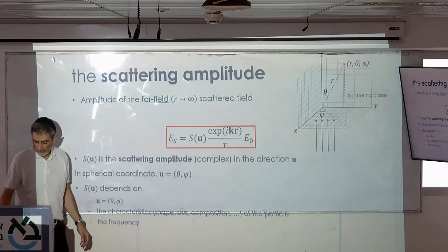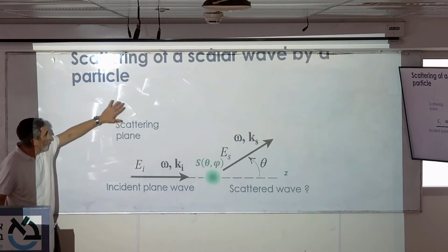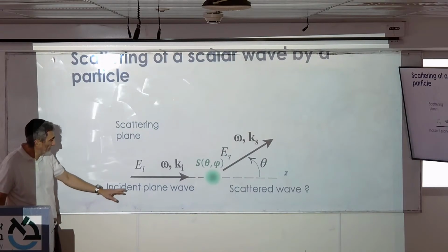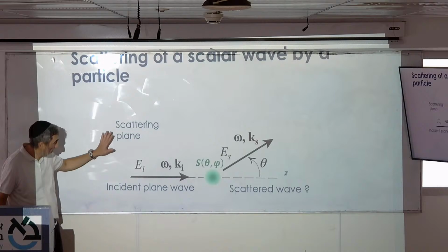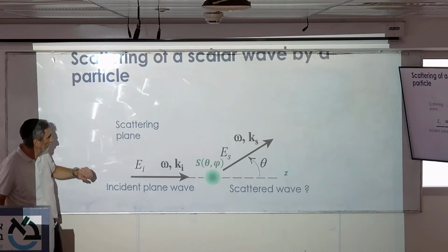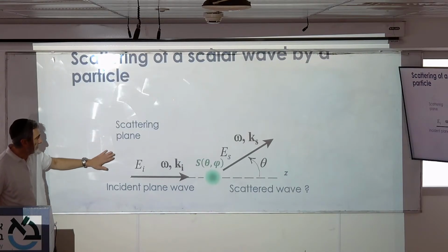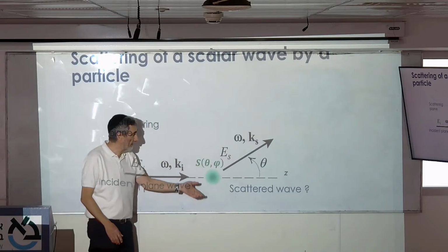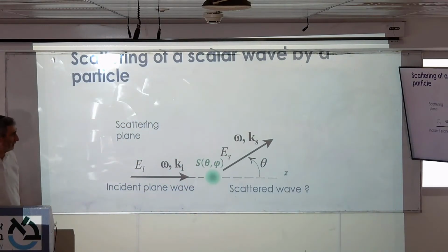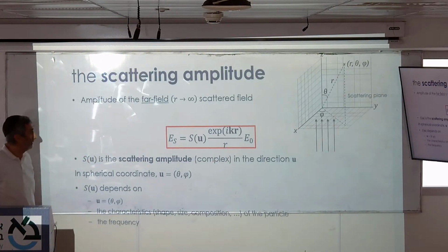We consider this plane, the plane of the board here, which is called the plane of incidence, or the scattering plane. In this plane you can describe only one parameter, which is theta, but actually this is in all directions. So there is theta and phi, where phi is described as you can see here.